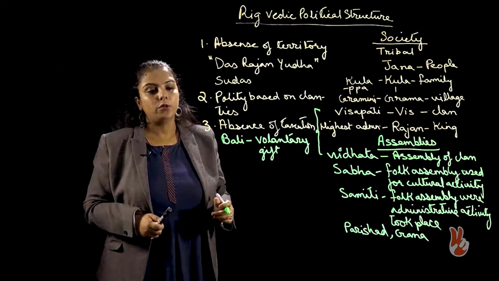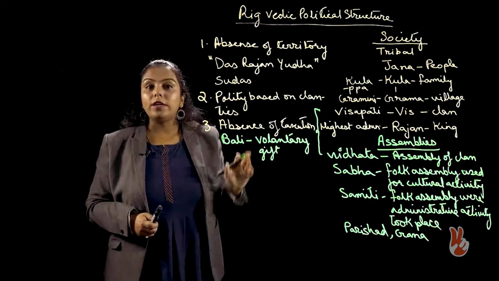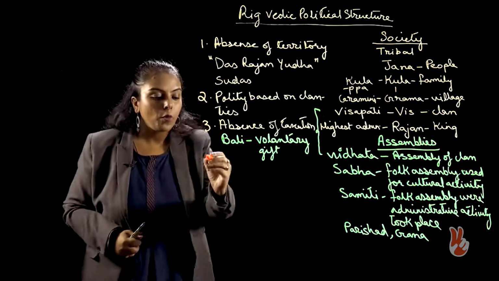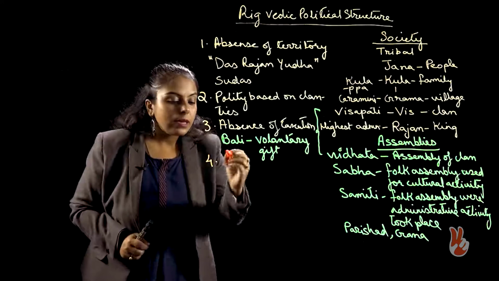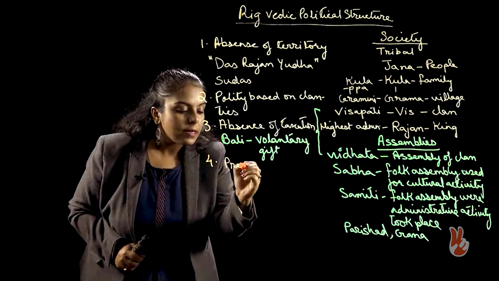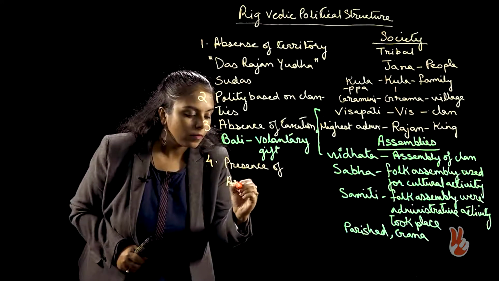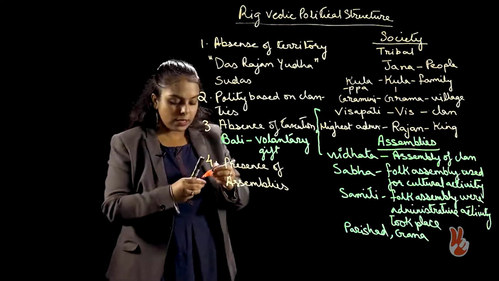taxation was introduced. So, this is all about Vedic political structure, but before I end the class, there is one more point that I want to make. The most important point was the presence of assemblies. And what are those assemblies?